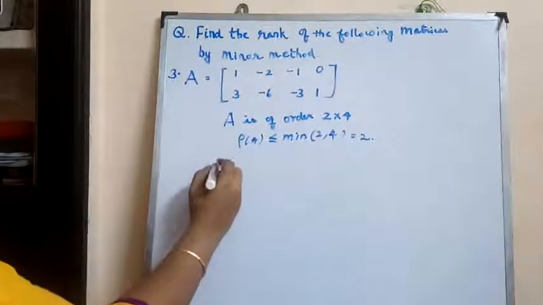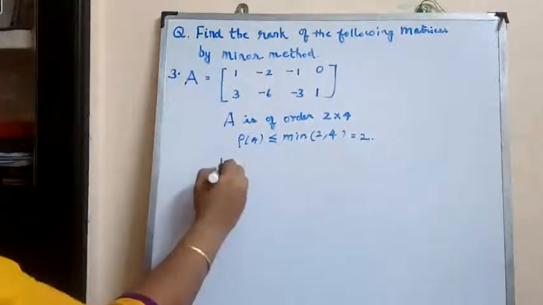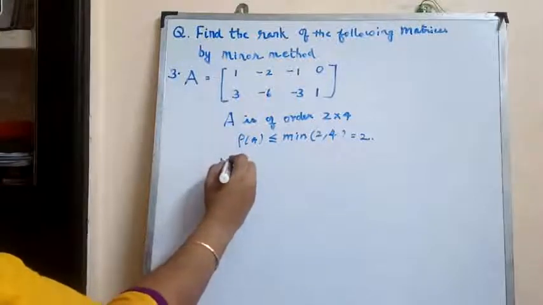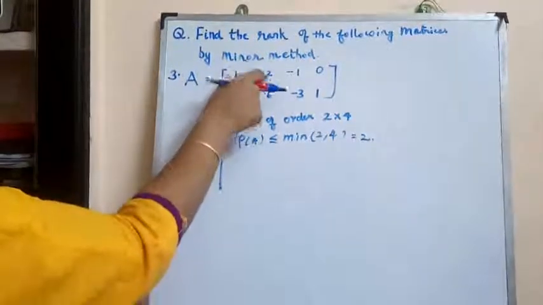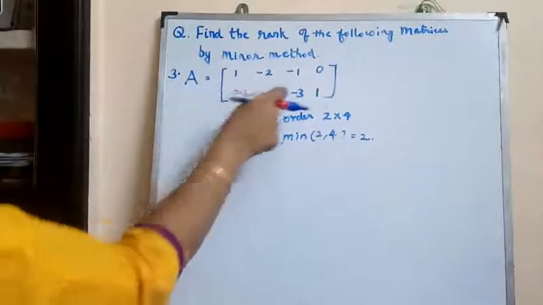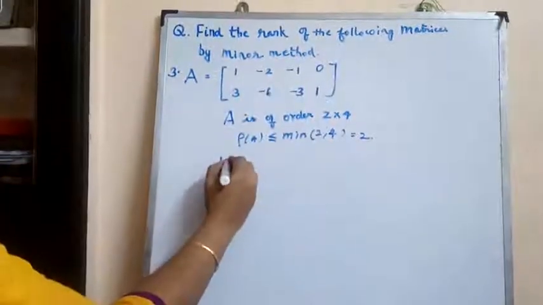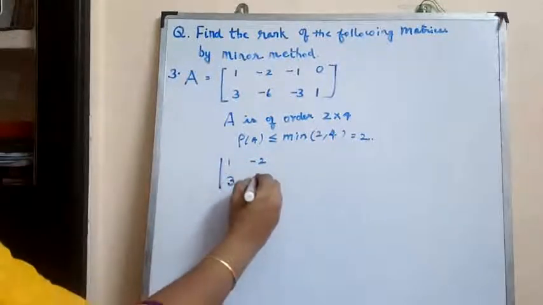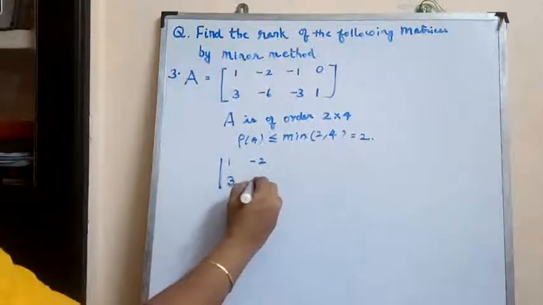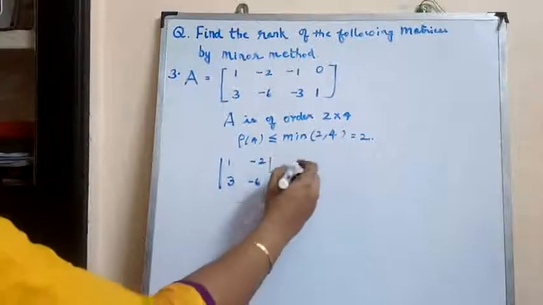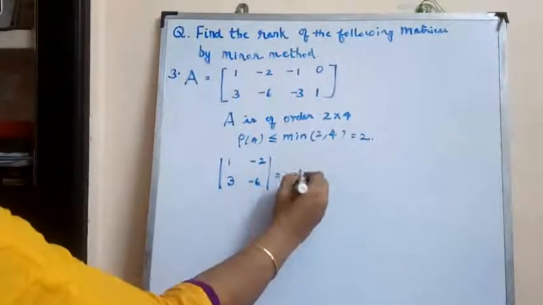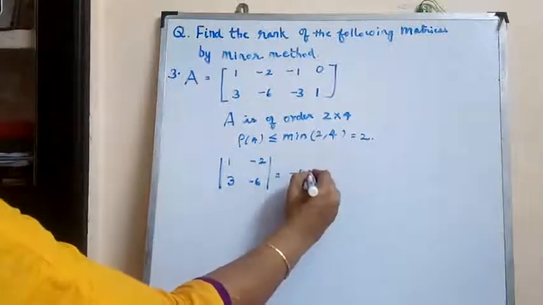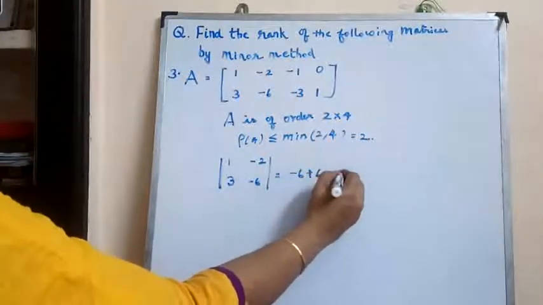So we are considering a determinant of highest order of minor of A, which is 2 by 2. So 2 by 2 is either this part or this part. So let us consider first, in first case, 1, minus 2, 3 and minus 6. So the determinant value goes like this, which is equal to 0.